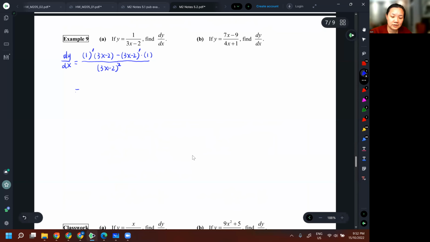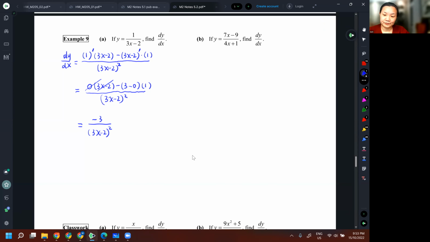And it's equal to 0. This one is 3. 3x minus 2 squared. So it's equal to, this is 0, this is minus 3. Then you're done.